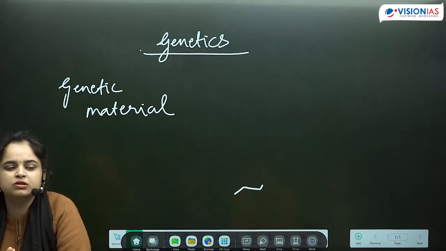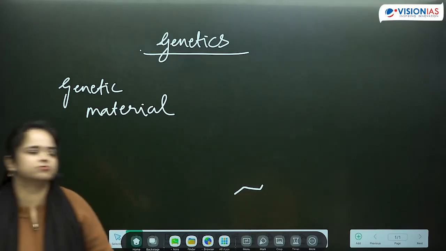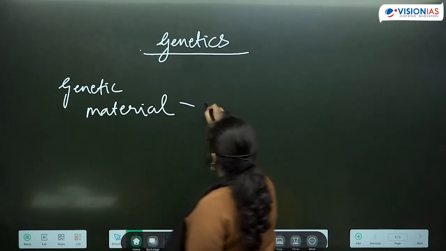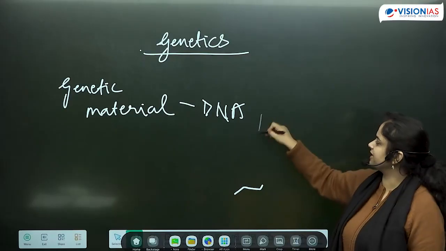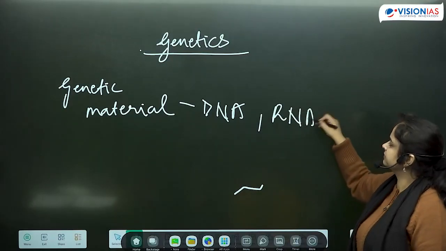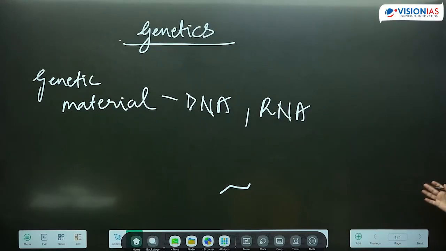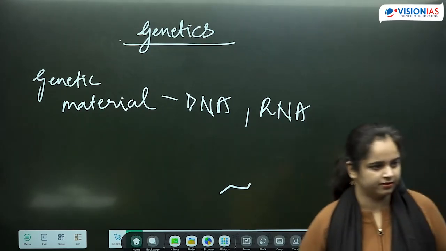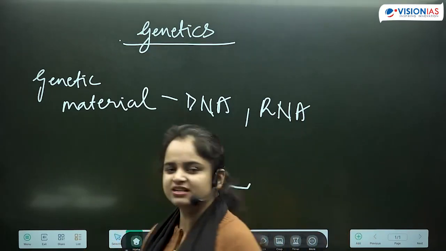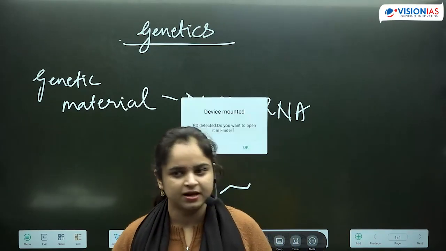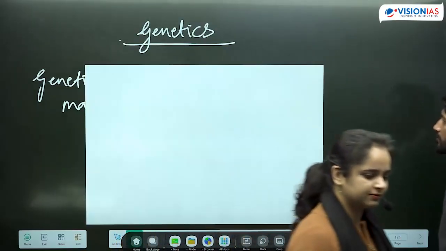Now this whole study of this genetic material, which we are saying is DNA, for some organisms it can be RNA also. Their study and how they are going to be inherited, that whole process, when we talk about studying that, we use the word genetics for it. Okay, so please write this term genetics.